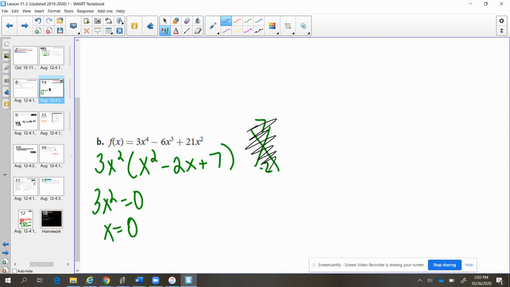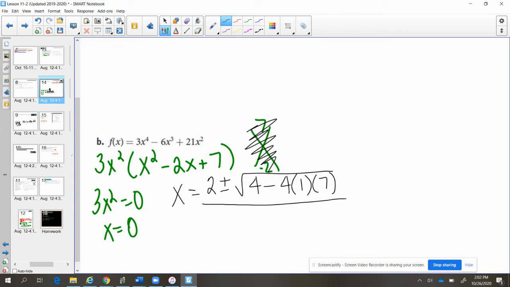So this is where that quadratic formula is going to come into play, because we're going to have x equals negative b, so positive 2 now, plus or minus the square root of b squared, so negative 2 squared is 4, minus 4 times a times c, all over 2a, which is 2 here.